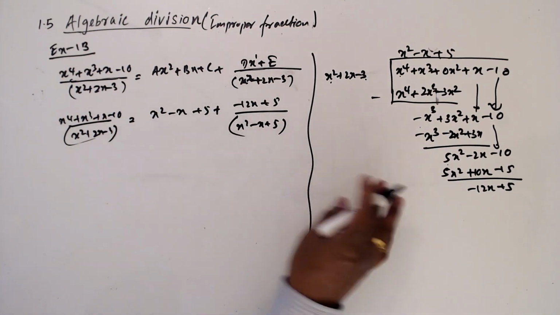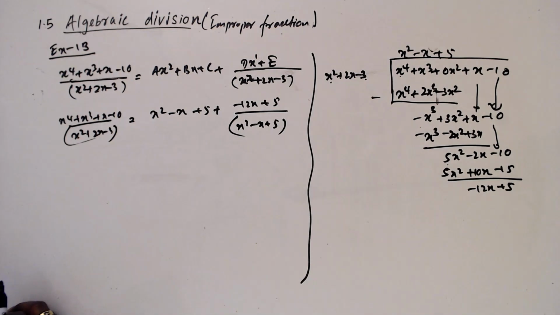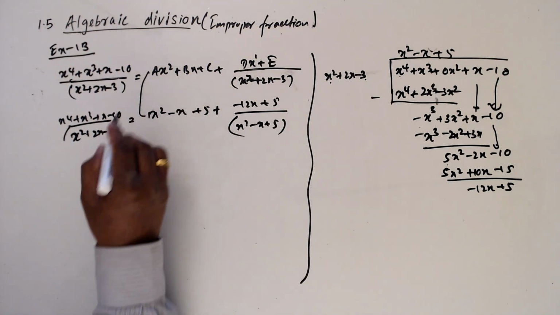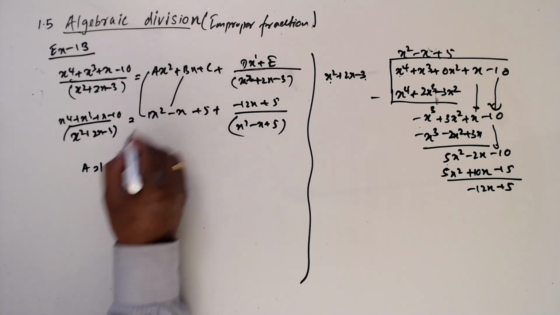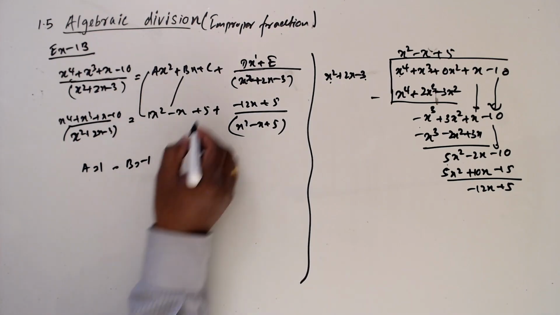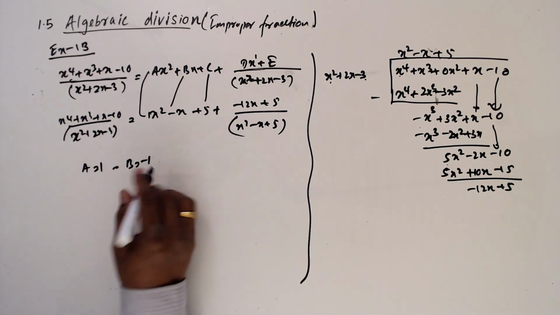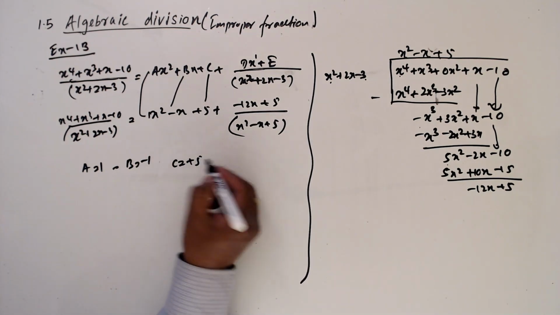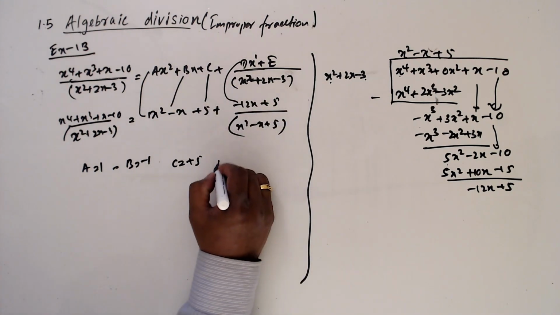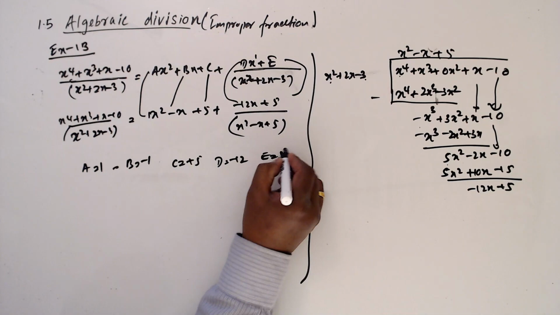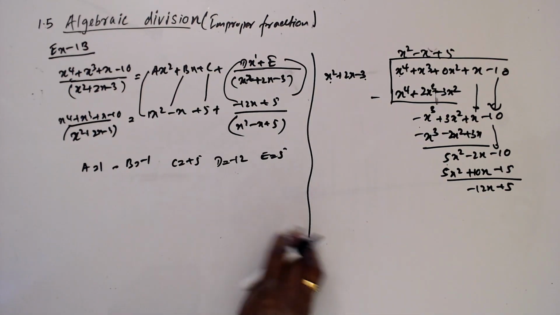By algebraic division, we found everything together. So now a is 1, b is minus 1, c is plus 5, d is minus 12, sorry, e is 5. Let's discuss the next exercise now.